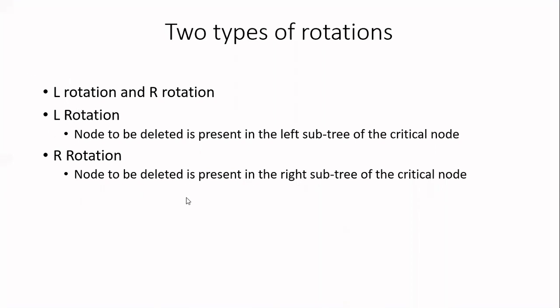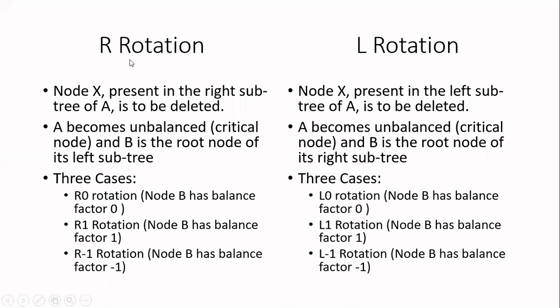Now let us see what are the subtypes we have. So first we have R rotation and then L rotation. R rotation means you have a node X that you are going to delete, and this node X is present in the right subtree of another node A. And we are going to focus on this node A only because this now becomes unbalanced and we are calling that the critical node.